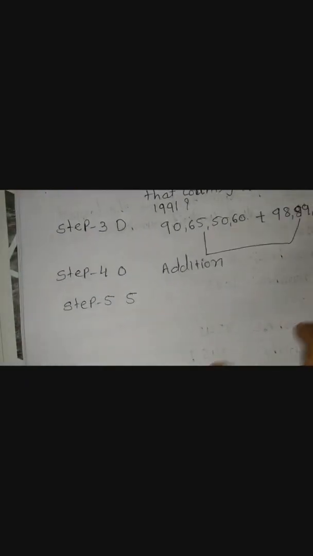So we use addition here. Step number 5 is solution, so we have to do the addition here. So we have to draw a place value box.